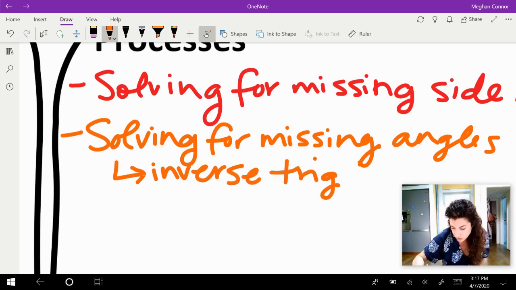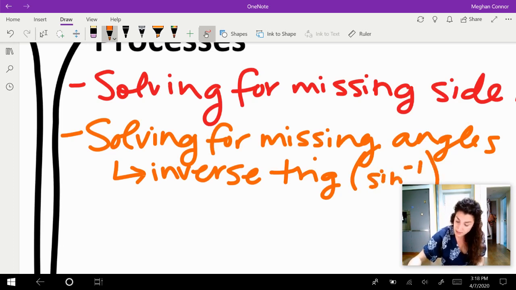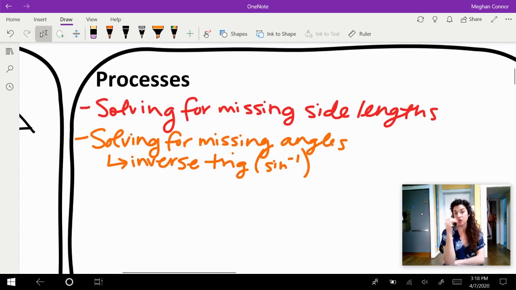Inverse trig functions, that's your like sine to the -1 guy, in order to solve for that. Or you can use your calculator and use your numerical solve, which is on the TI Inspire, or graph and find the intersection with your TI 84s. But if you're doing it algebraically, you need to use your inverse trig functions.